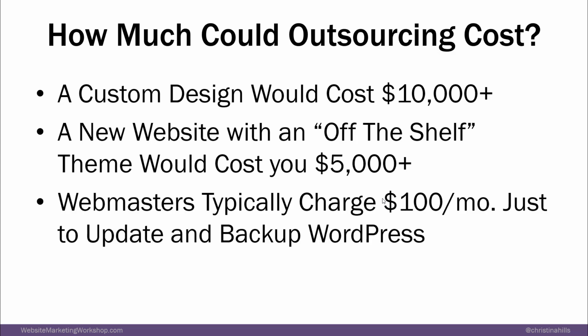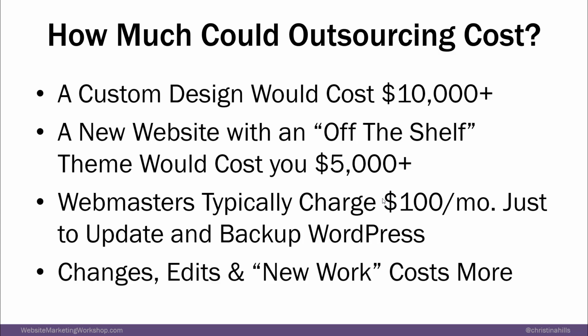I'm going to teach you how to do it yourself. And webmasters typically charge just $100 a month just to update and back up WordPress. And all changes and edits and new work costs more. So if you're listening to me and you've got experience with a web designer, you just know how much it costs. And part of the cost is all the back and forth, right? So it costs a lot, and then there's a ton of back and forth, and it takes forever to get things done.